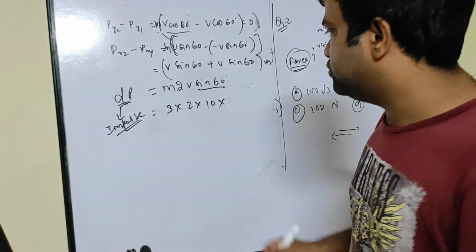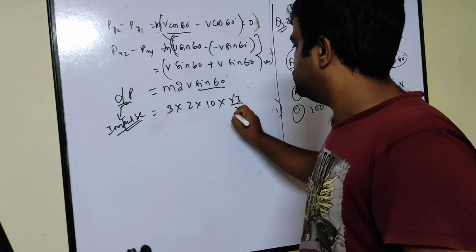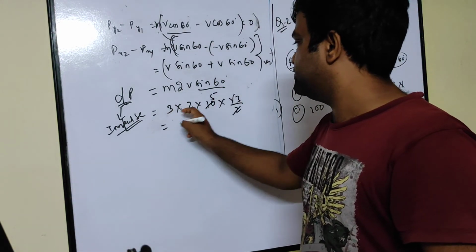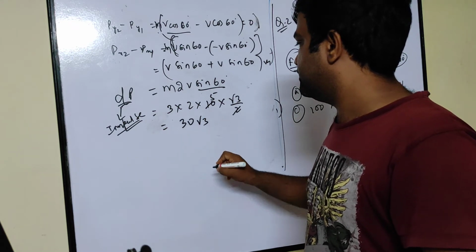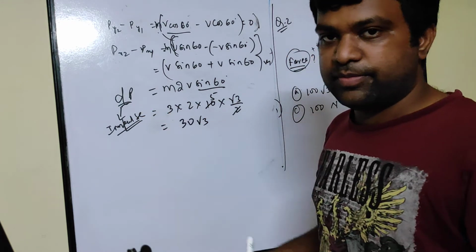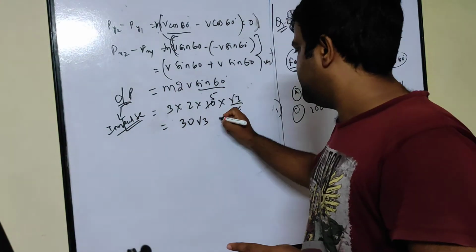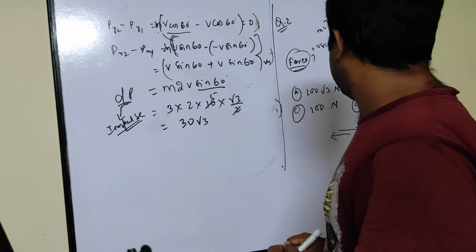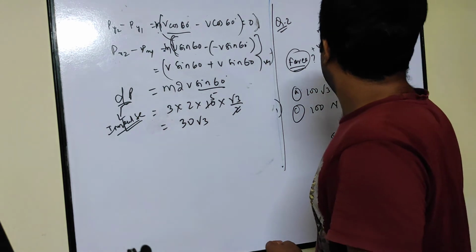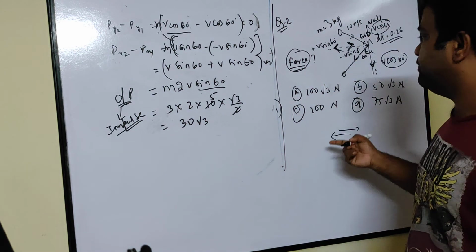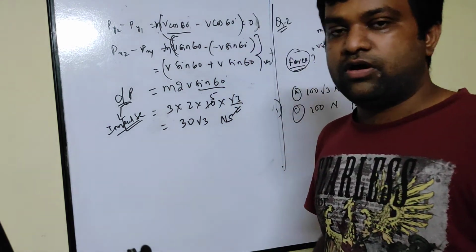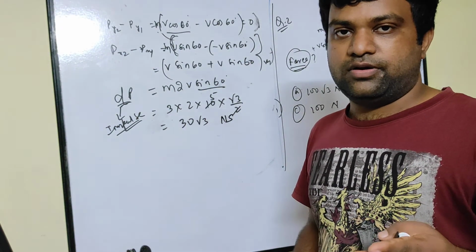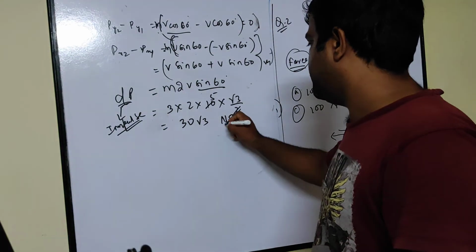Sin 60 is root 3 upon 2. So 2, 5, it is 5, 3, 15, 30 root 3. What is the unit of momentum? mv. Or one more unit you can write: impulse is force into delta t, so Newton second is also possible, or you can write the momentum unit, no issue.